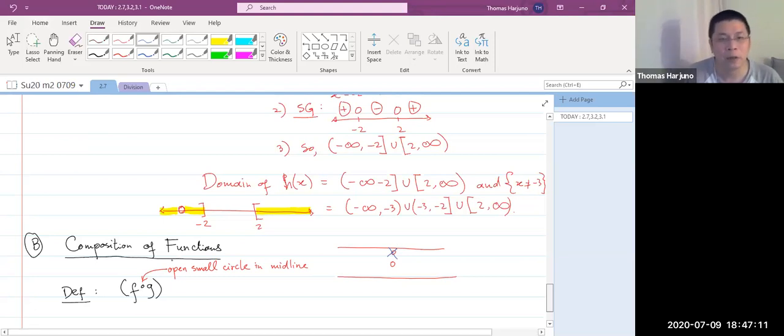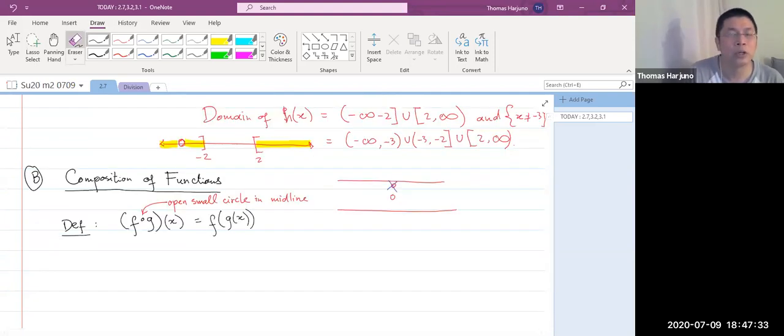Now f compose g of x is how we read it. F compose g of x actually means f of g of x.